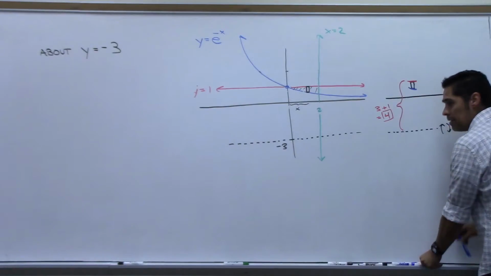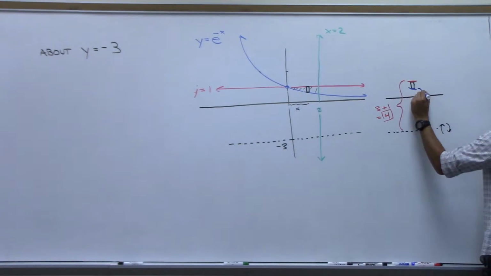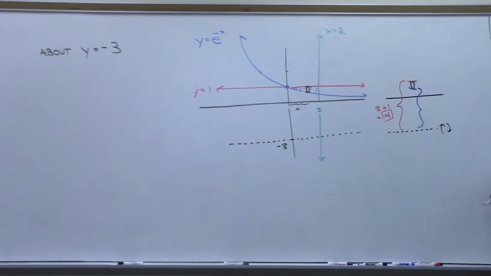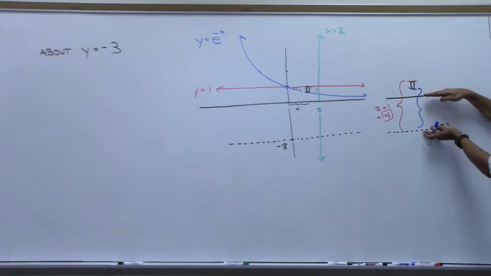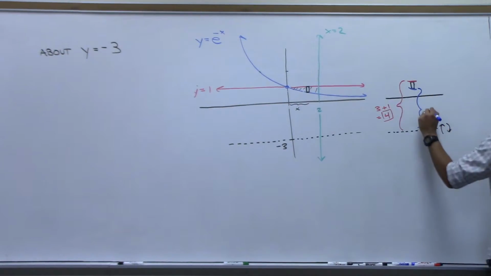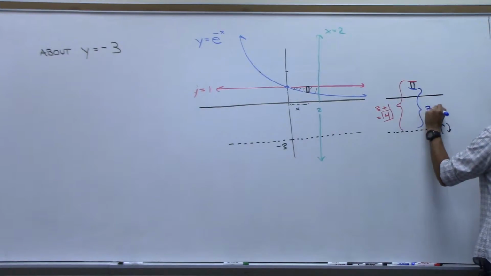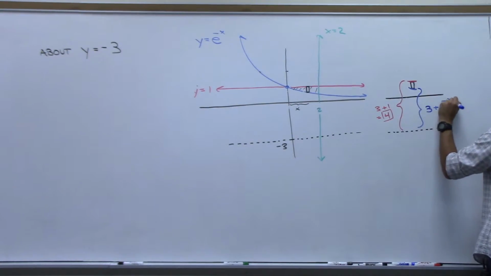Now the inner radius is the distance from the axis of rotation to that bottom blue edge, which would be 3 plus how much? e to the negative x. So 3 plus e to the negative x. Do y'all see how that works?